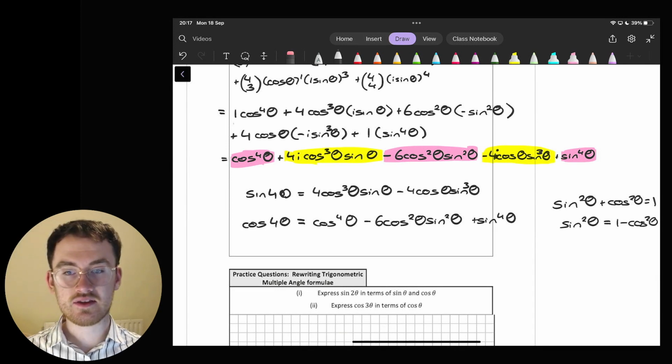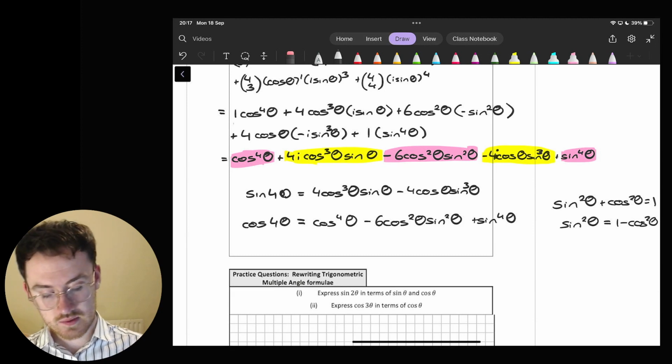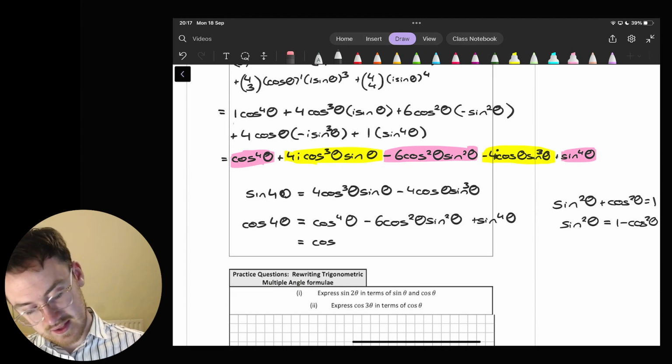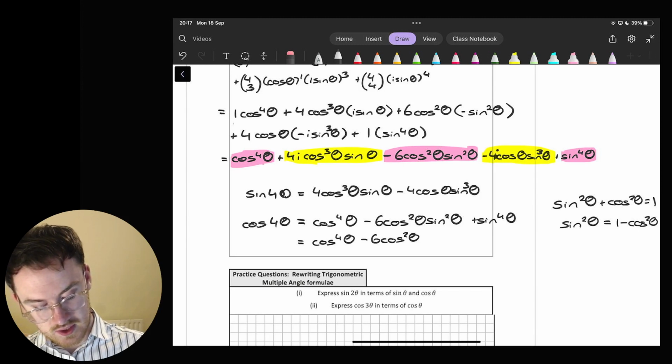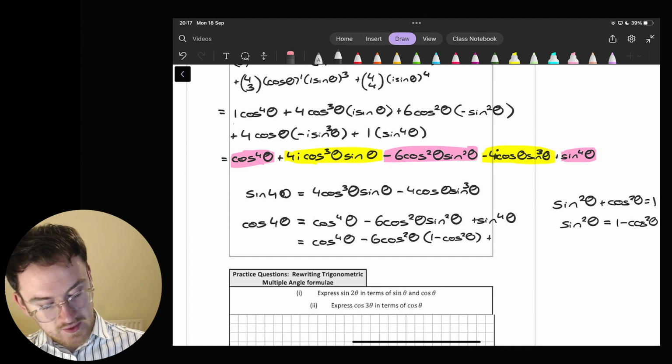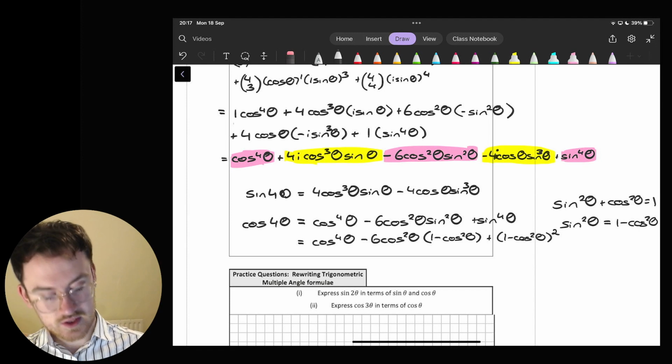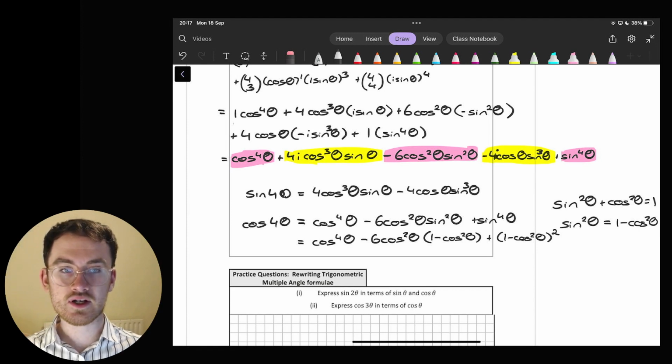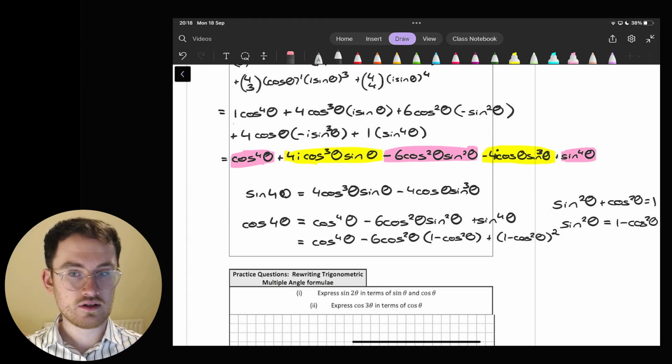So if we apply that, cos to the power of 4 theta is perfect, minus 6 cos squared theta times 1 minus cos squared theta. And on the end here, we'll have 1 minus cos squared theta, all squared, because sine to the power of 4 theta is the same as sine squared squared.